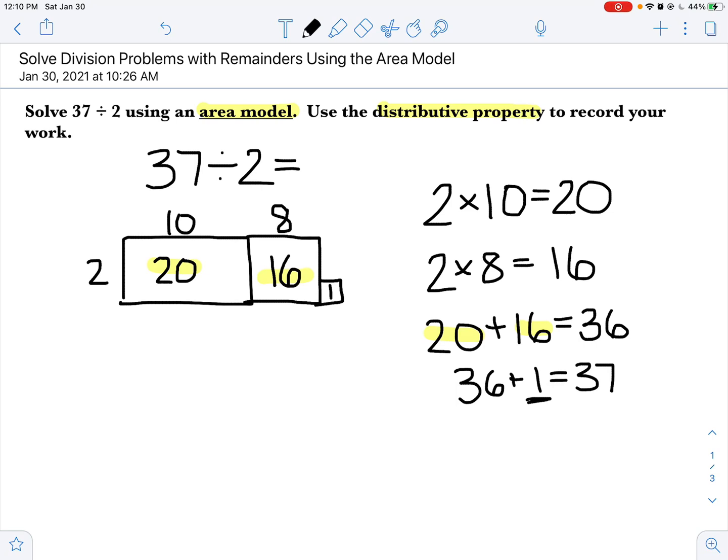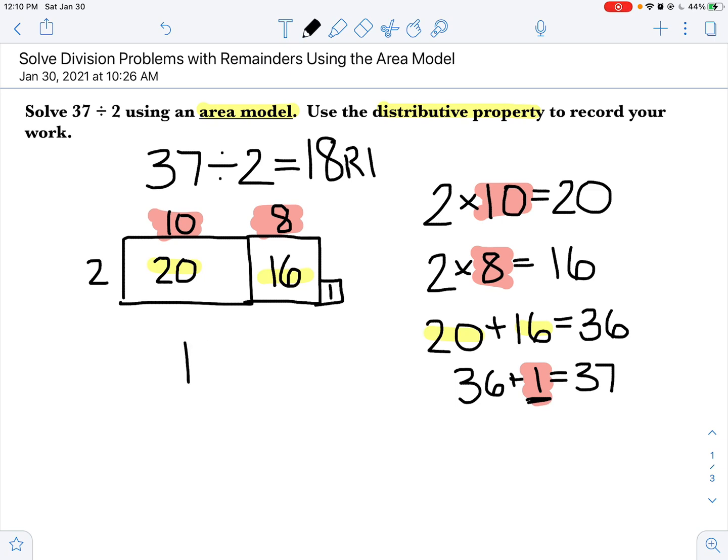So I'm just going to tack it right on as the extra one. So my quotient is going to be found by what I had to multiply to get up there. So my quotient is going to be found right here with my 10 plus my 8, to make my 18 for my quotient with a remainder of 1, right? Here's my 18 in the red and then my added 1 on top of it.